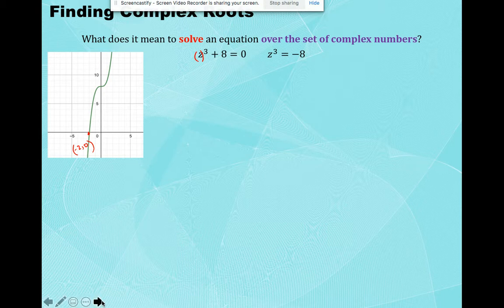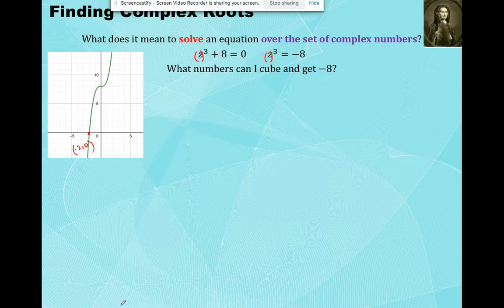And I said to myself, what numbers can I cube and get -8? And then I said, wait a second, I'm also cubing non-real numbers and getting -8. Who's knocking at my door now? Well, De Moivre! Oh, it's not Pythagoras this time. Thought it might be Pythagoras, but it's De Moivre. Don't forget that inside De Moivre is Pythagoras, so he's always knocking at your door.